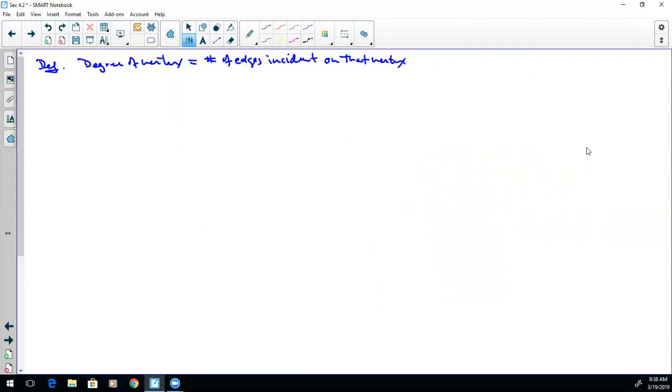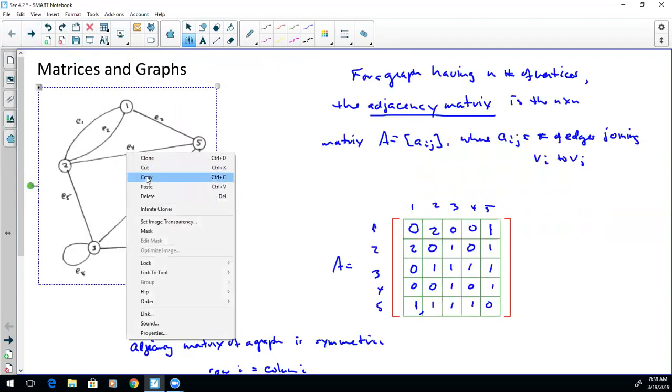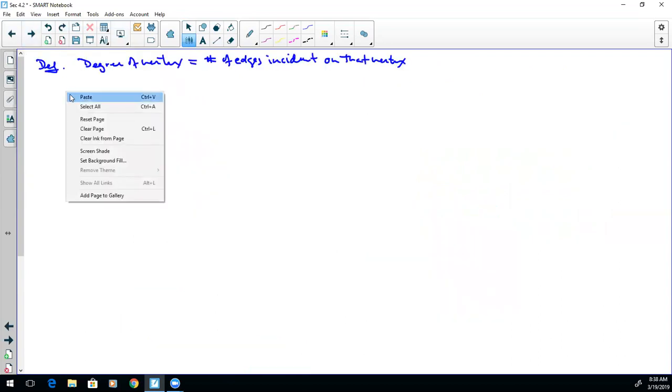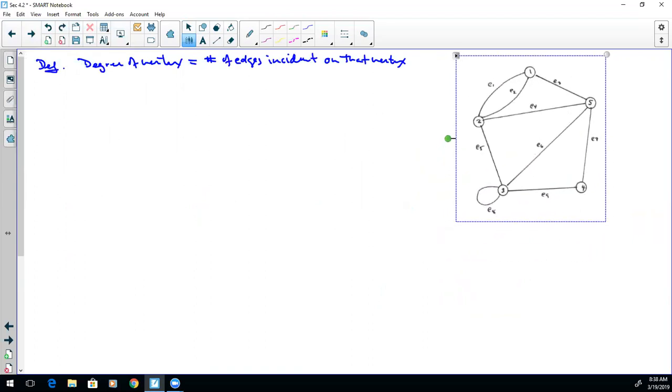So for this previous example, for this guy, the degree of vertex 5 is 1, 2, 3, 4.